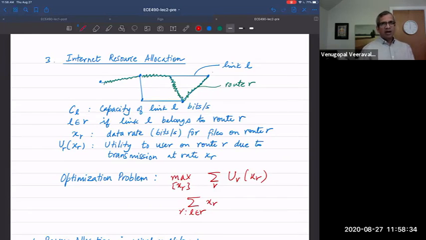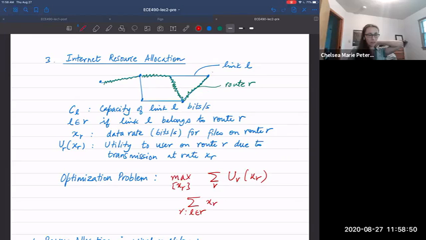So if I look at all routes R such that L belongs to R, all of those, if I sum up the data rate, what should be the upper limit for that? The capacity, yeah, so CL.